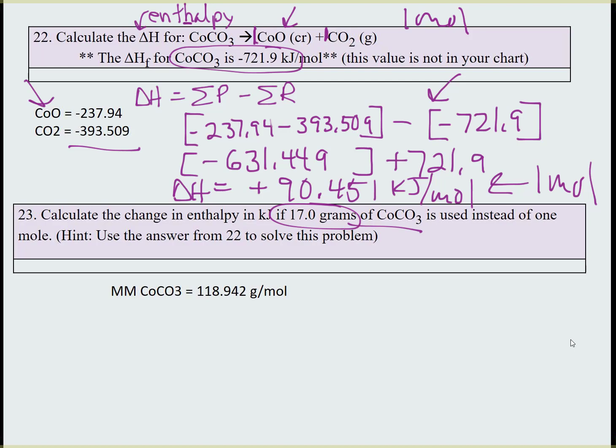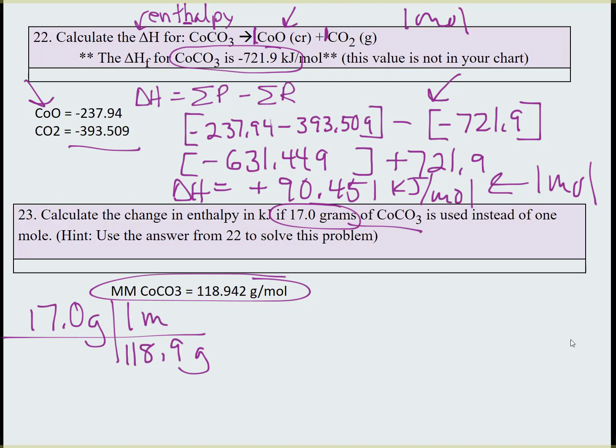So I need to find how many moles is this 17 grams. So I'm going to use this molar mass. 118.9 we'll say is good enough grams in 1 mole.